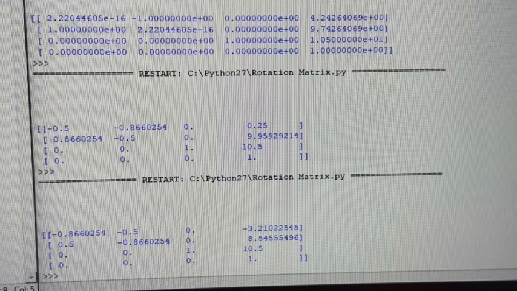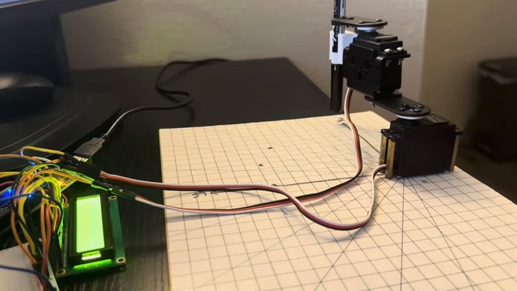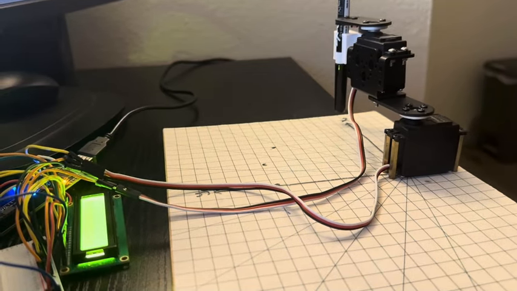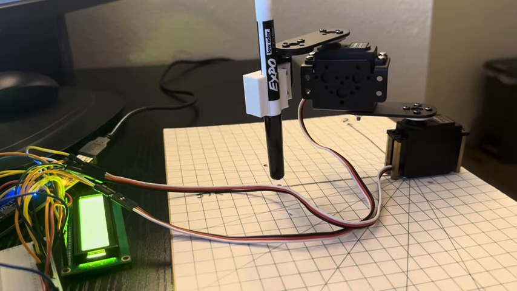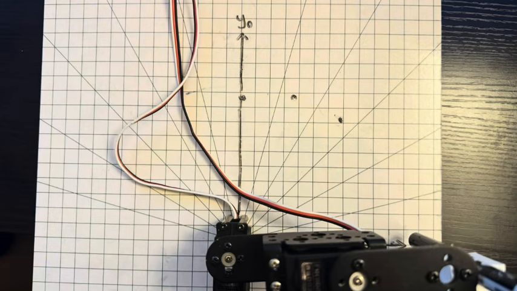And here's the video of my manipulator running the 75-degree angle code. So with both joints rotating 75 degrees, the end effector stops at this far left point, which is very close to the y-axis.